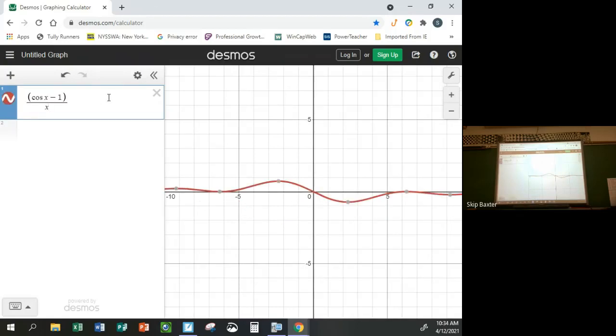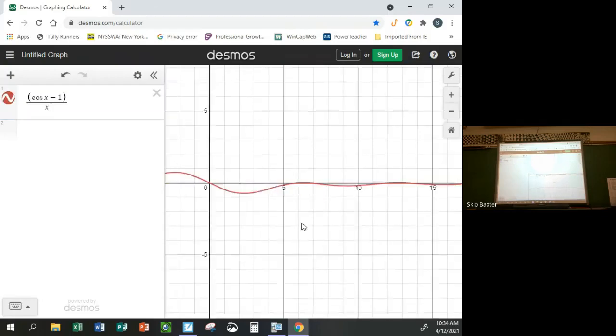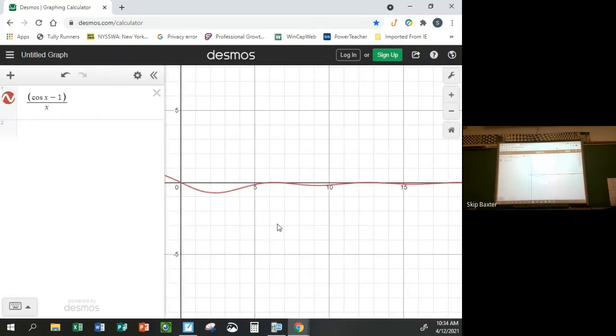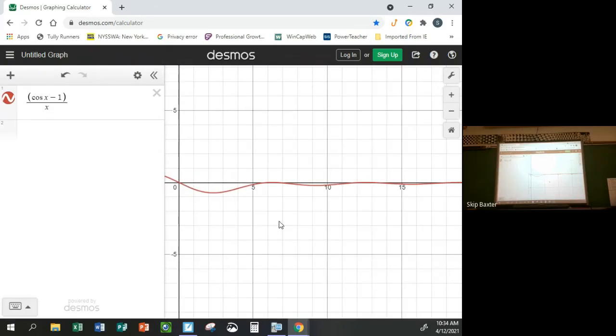All right, so this doesn't look very interesting, but one thing that's definitely true, if you look at just to the right of the y-axis, it's always negative or 0, which kind of makes sense because cosine values always fall between 1 and negative 1, right? So if you subtract 1 from a cosine value, it's going to be something that's less than or equal to 0, right?